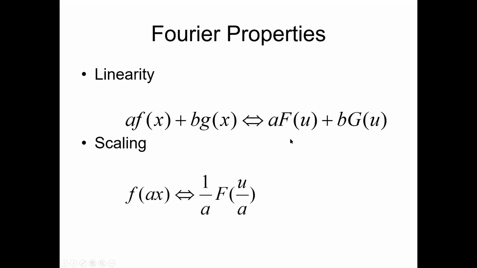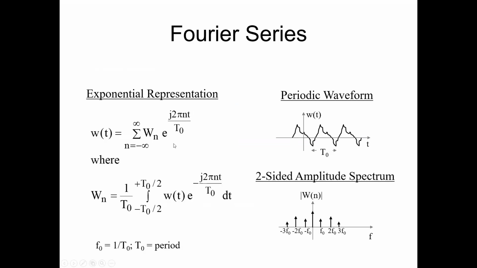We know the linearity property, we have already seen this before. Scaling, exponential representation, periodic form, two-sided amplitude spectrum. See, w of t is equal to the summation from minus infinity to infinity of W_n e to the power j2 pi nt by T naught.